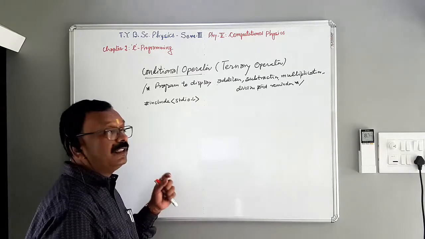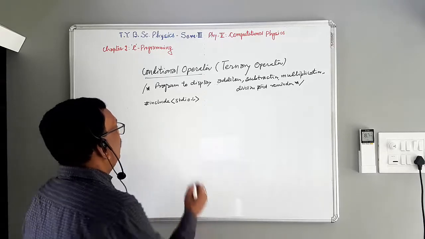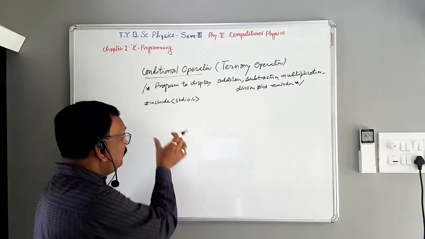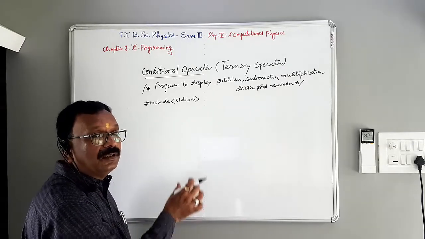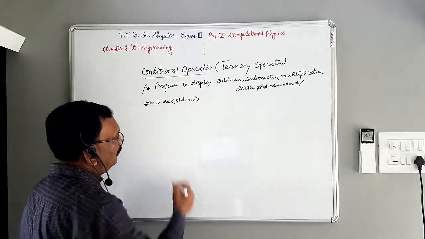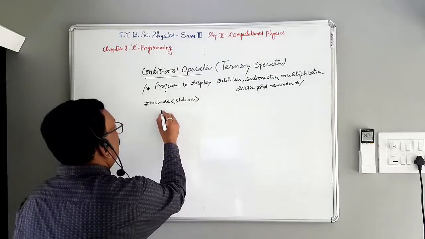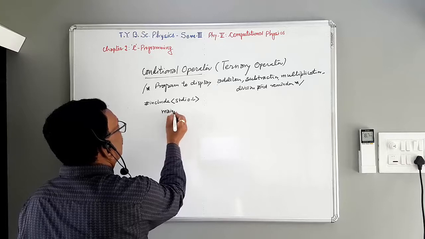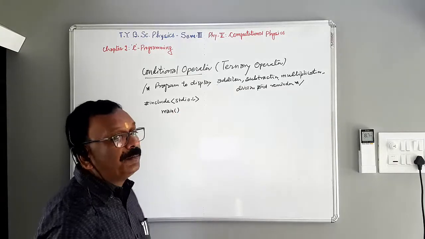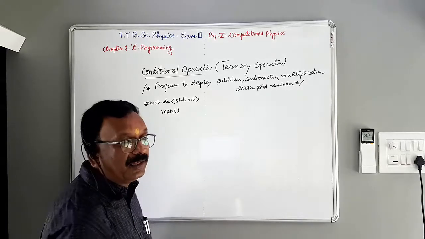We want to take this file from the library of C and put it on the current path. That is, we are going to include this file in our program. Okay. Now the main function tells the compiler that the program is going to begin from here.